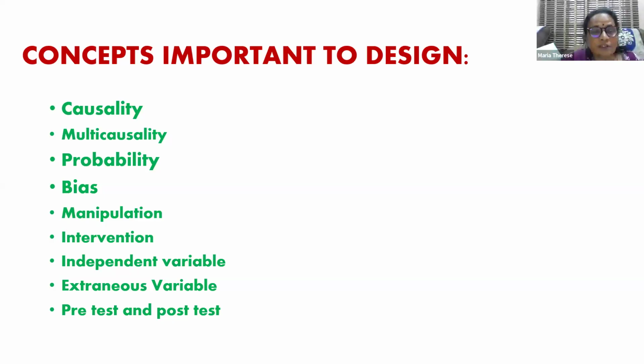The next important concept related to research design is bias. What is the meaning of bias? It is any influence that distorts the true relationship between variables, affecting the validity of the result. For example, if a researcher subconsciously or unconsciously gives more attention to one group, it gives unfairness.